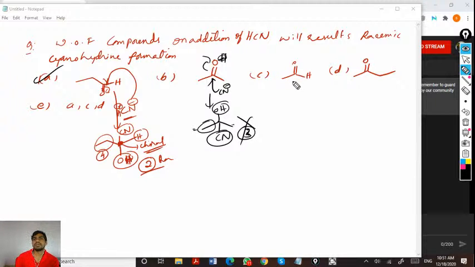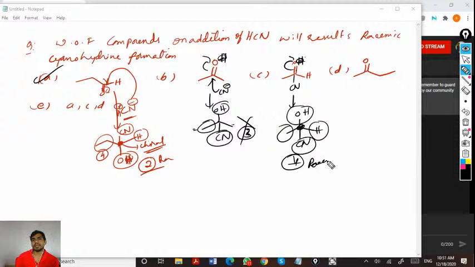Okay. So if this is the case, it will become O minus and this will be attacked by the CN. Again it becomes OH, resulting in OH and CN, and this is hydrogen. So methyl, hydrogen, OH and CN. So four different groups are there. This is a chiral center. So it's going to give a racemic mixture.